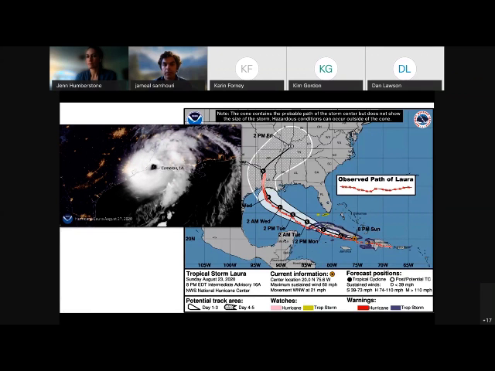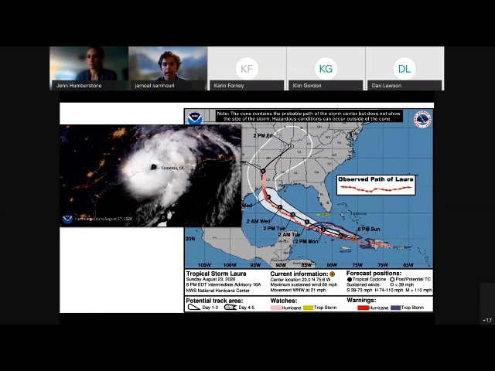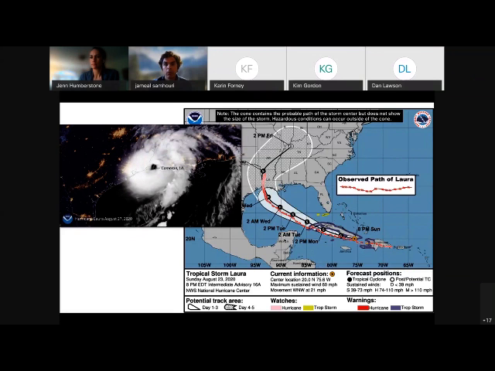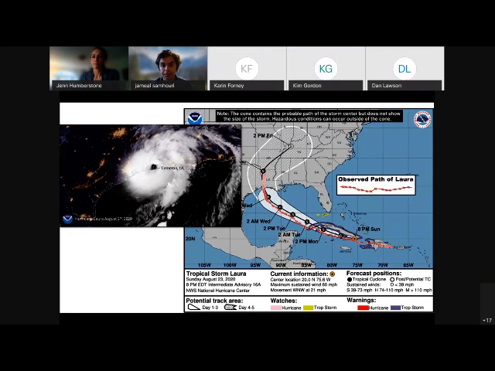But without the synthesis and integration of this empirical data into models that provide forecasts of where the hurricane is going and how intense it will be, there isn't an opportunity for people and policymakers to make strategic choices about what to do about that hurricane, where what to do might involve sheltering in place if the hurricane is going to hit Louisiana and Texas and you're in Alabama, or it might involve deciding to evacuate at great economic cost, but hopefully to minimize risk to human lives.